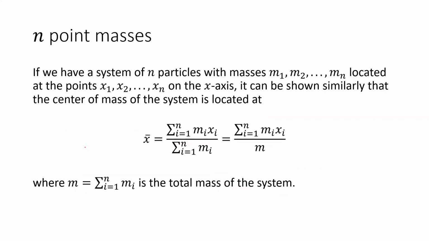So now to extend on this a little bit further, suppose we have n point masses scattered on some axis here. Here I'm just writing them in order, but not necessarily in any order.